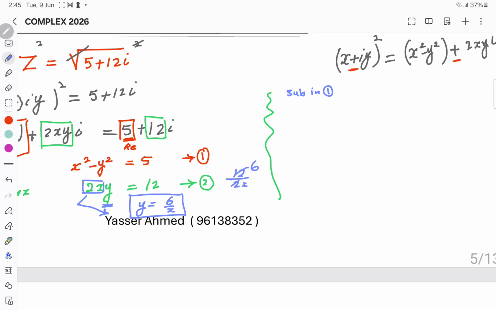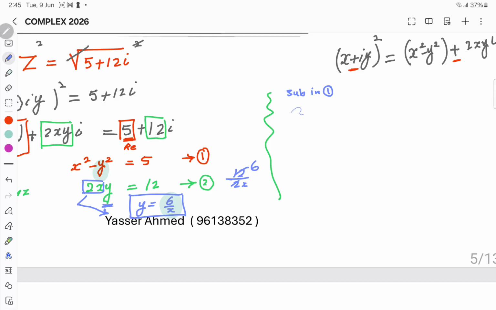Why? To change that equation from x and y to only one variable. Here we have the value of y, which is 6 over x, so we substitute y by its value in that equation.